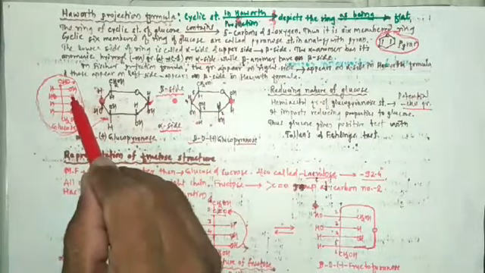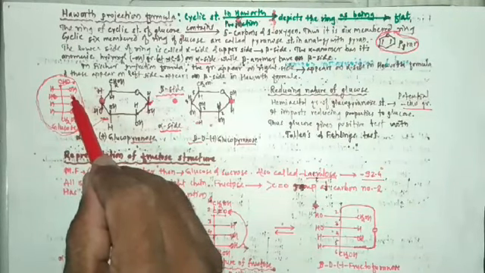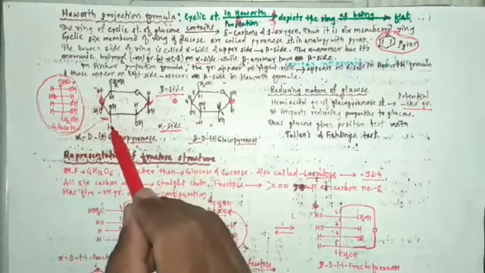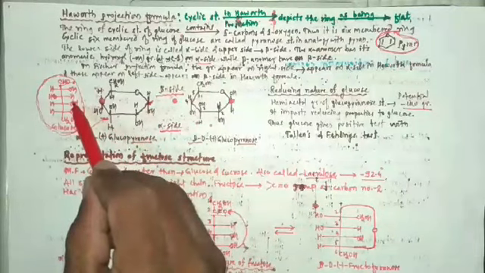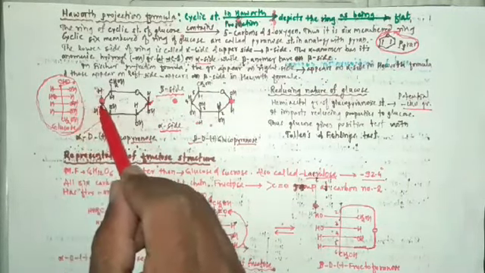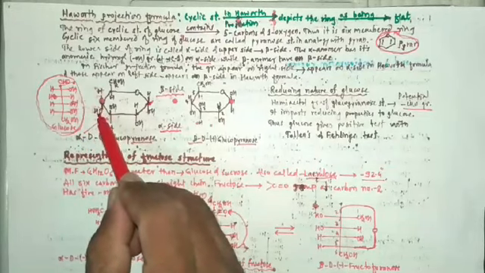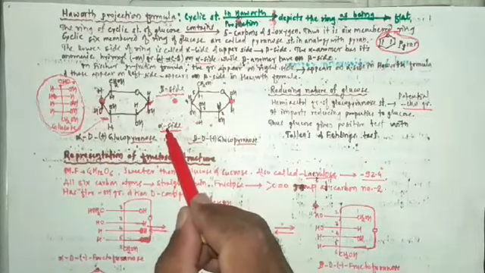Then here, H is present on the right side of the Fischer projection formula, so this H is on the alpha side. Then this OH is present on the right side, therefore in the Haworth formula this OH group is on the alpha side.